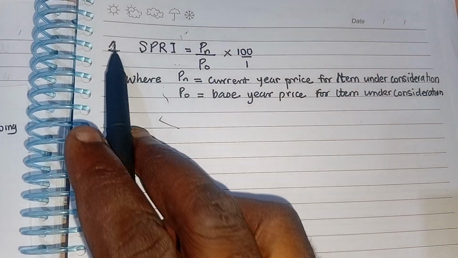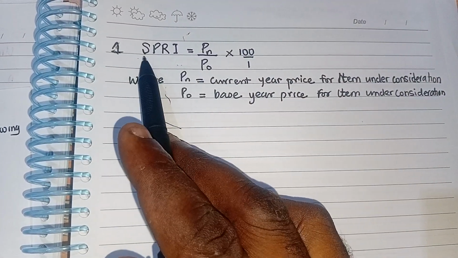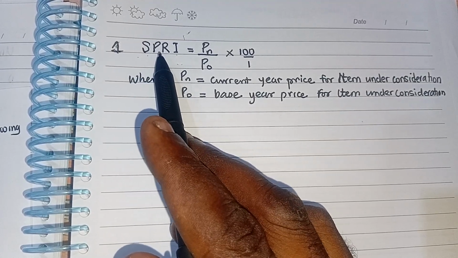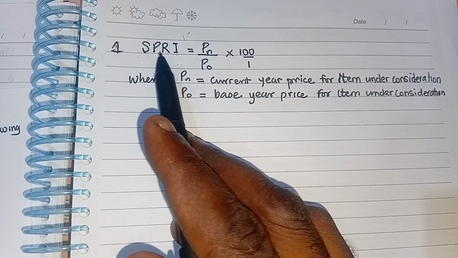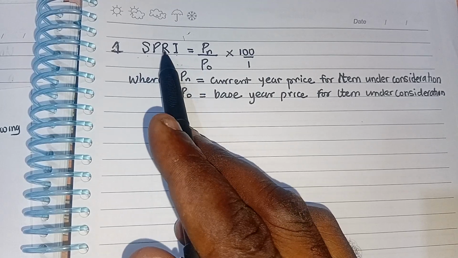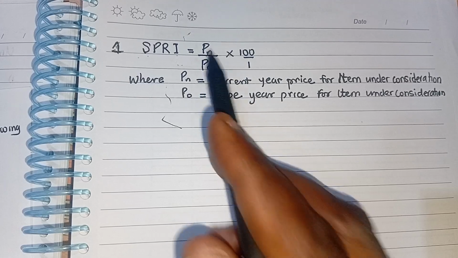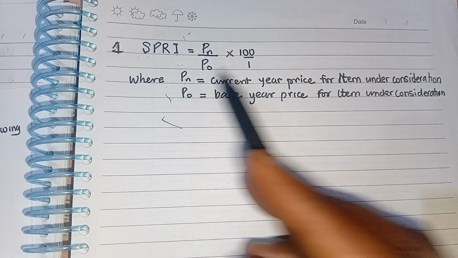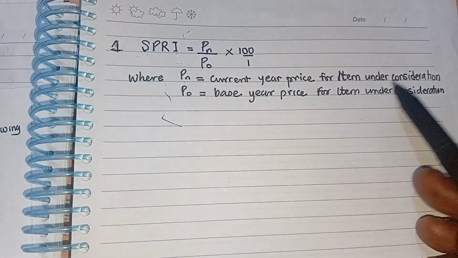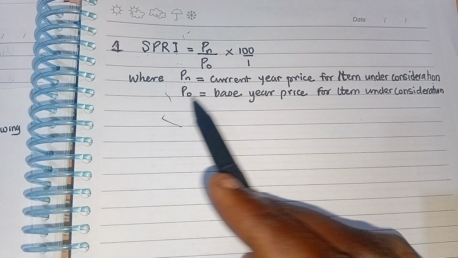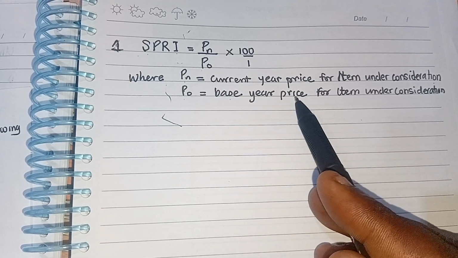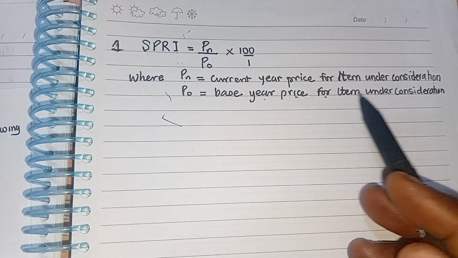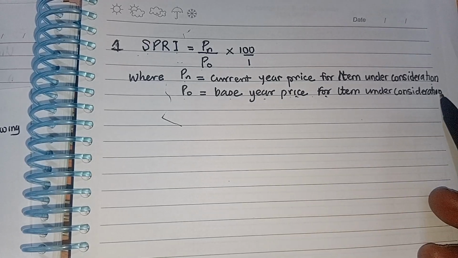Now, A, Roman figure 1, that's 1. We have SPRI, that's simple price relative index. Simple price relative index is Pn divided by P0 times 100 over 1, where Pn is the current year price for the item under consideration, and P0 is the base year price for the item under consideration.